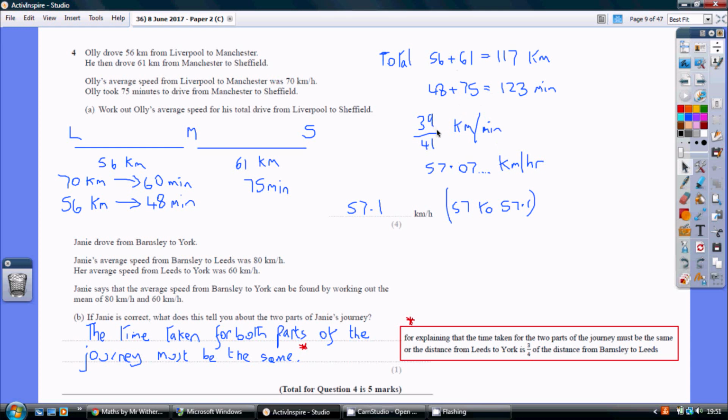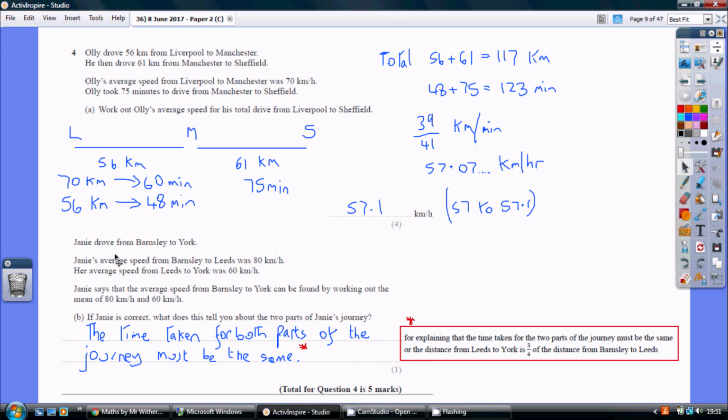So you multiply 39 over 41 by 60, giving you 57.07... Now it doesn't specify how many decimal places or what have you that it wants the answer, so I've just chosen to go to 1 decimal place, which is 57.1. The mark scheme allows anything between 57 to 57.1.